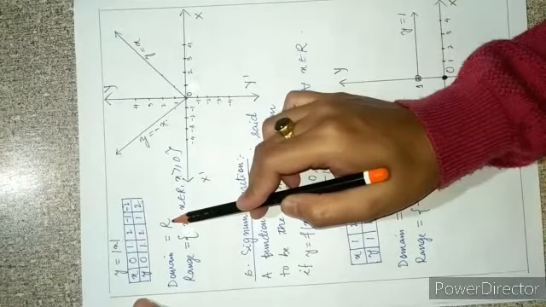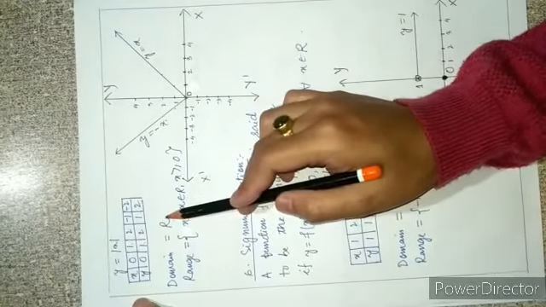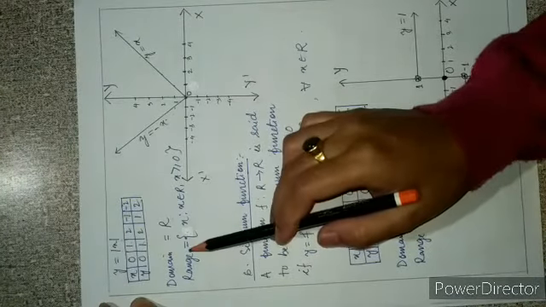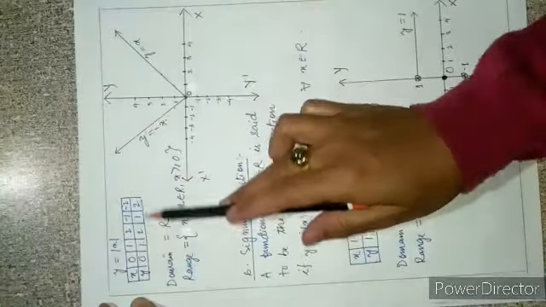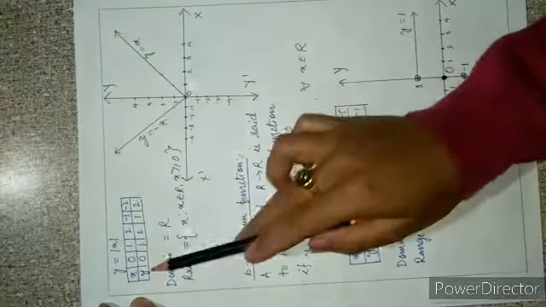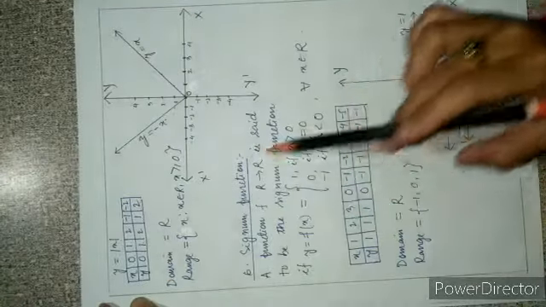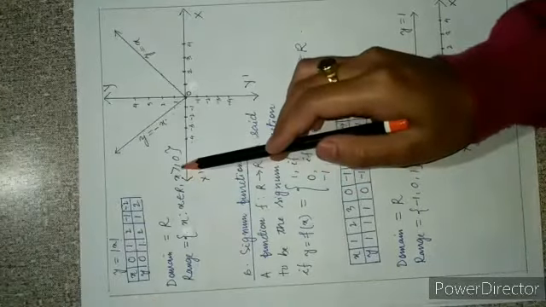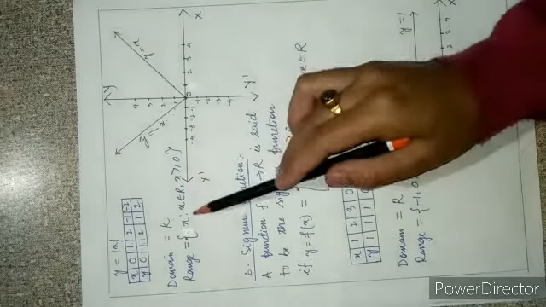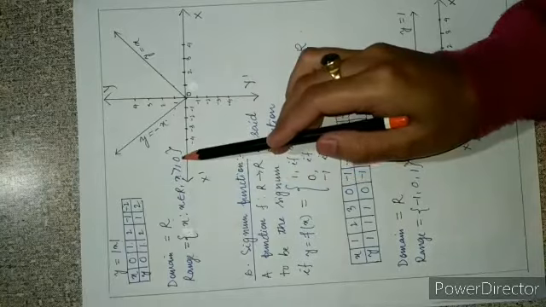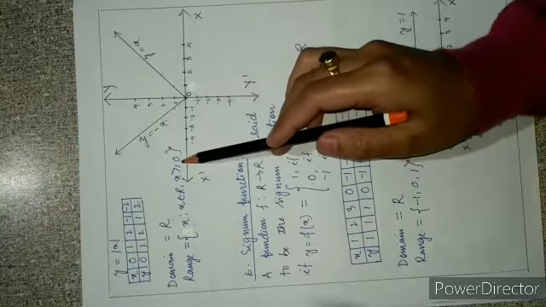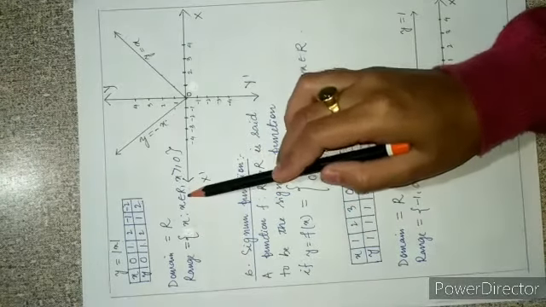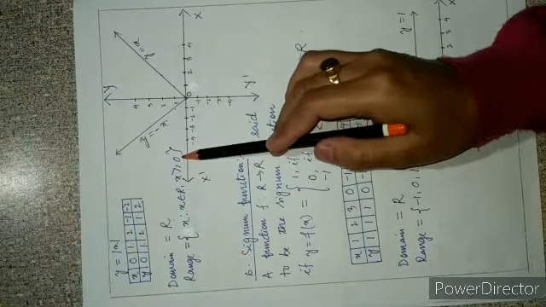Then the range: for the modulus function, the value of y is always positive. X is in the domain, and the value of y is in the range. So the range is x belongs to R, but x is greater than or equal to 0. The image is 0 or greater than 0, that is a non-negative real number. So the range is x belongs to R, and x should be greater than or equal to 0.